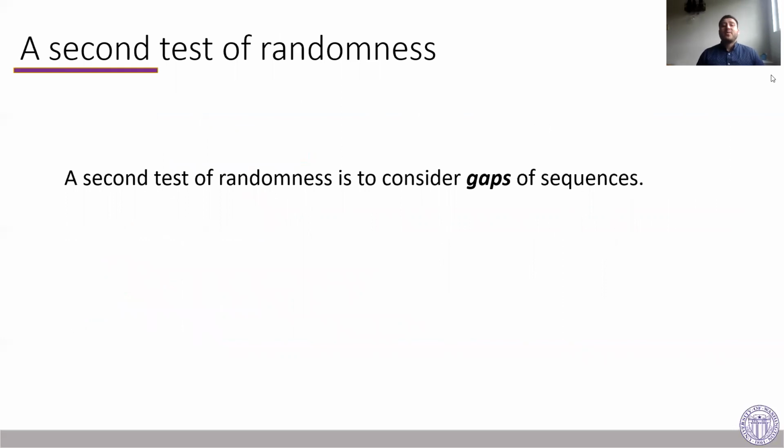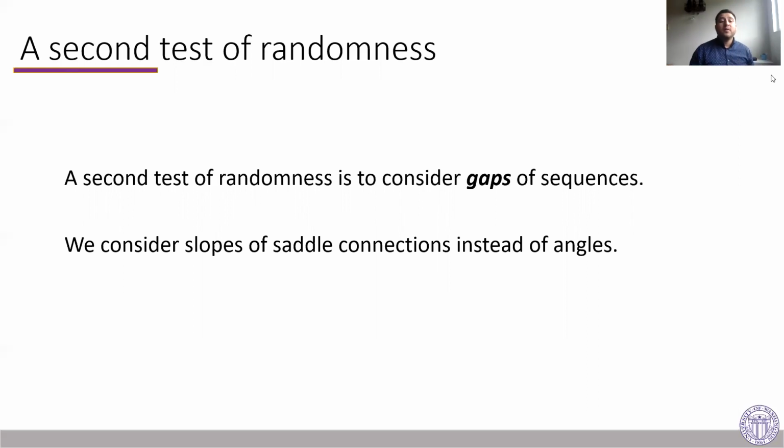It's very common in mathematics to have an equidistributed sequence, and then to look at the gaps of this equidistributed sequence and ask about the behavior of that. I'm going to change my philosophy a little bit, and instead of looking at angles of translation surfaces for dynamical reasons, I'm going to look at slopes of translation surfaces, but they're not so different.